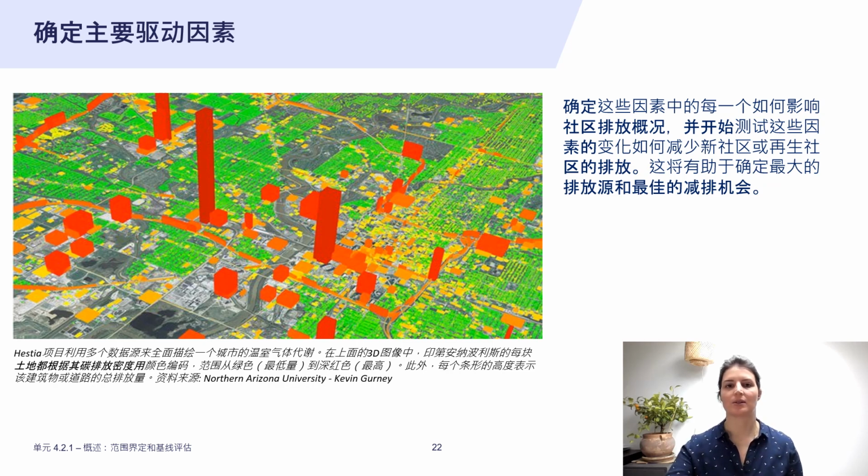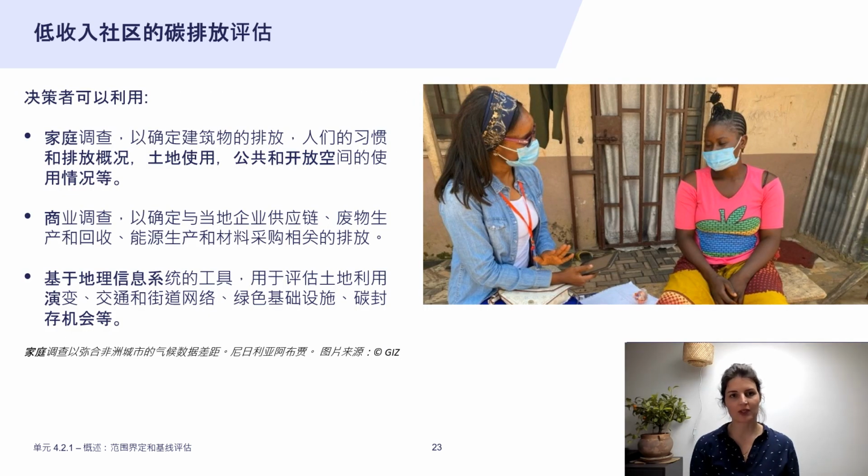In this 3D image, each piece of land in Indianapolis is coded with a color according to the density of its carbon emissions. A carbon emissions assessment might be challenging in low-income neighborhoods due to lack of quality data, resources, and procedures. Decision makers in this context can make use of household surveys to determine building emissions, people's habits and emission profiles, land use, the use of the public and open space, etc. Business surveys allow to determine emissions connected to the supply chain of local businesses, waste production and recycling, energy production, and material sourcing.